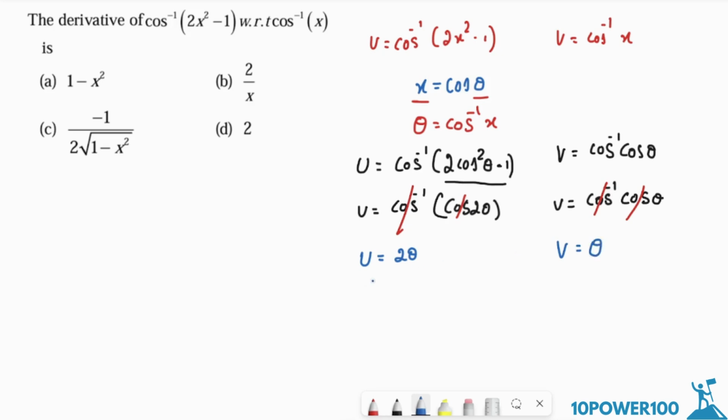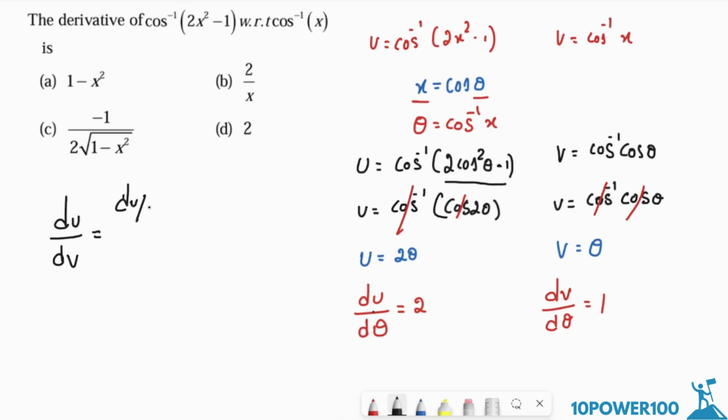Now if you find differentiation with respect to theta, du by d theta becomes 2, and dv by d theta becomes 1. Now du by dv is equal to du by d theta divided by dv by d theta.